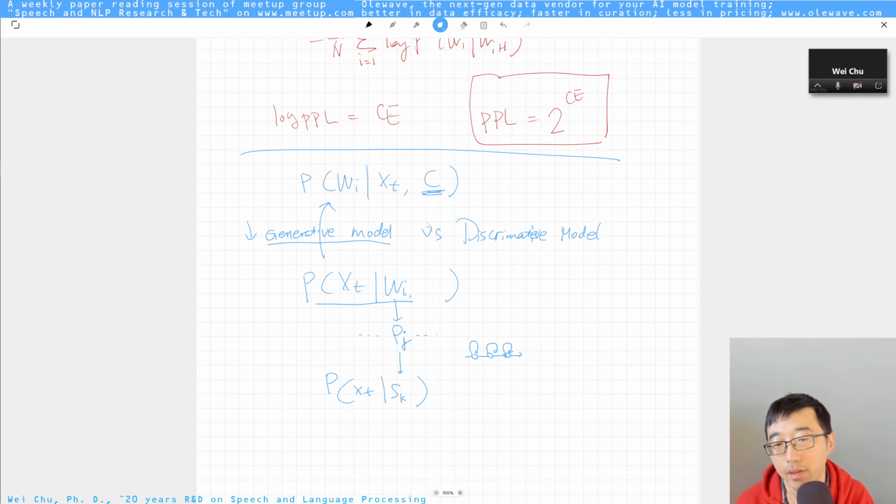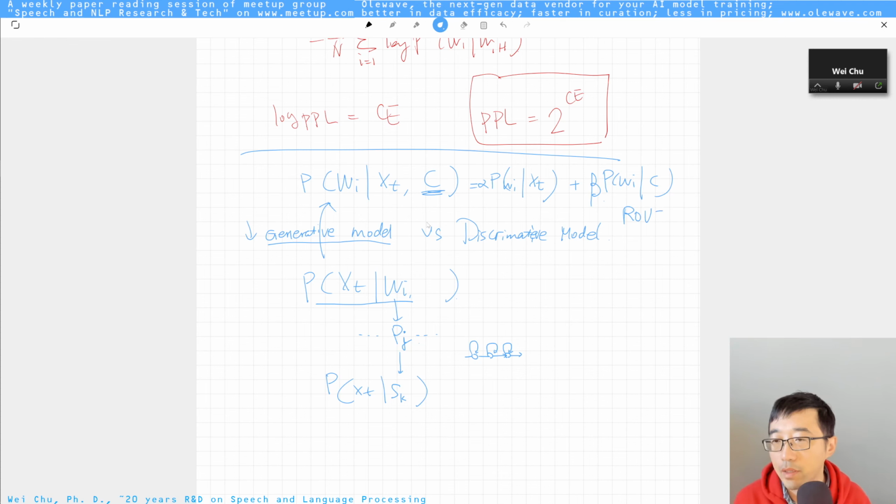The benefit of this is that you can further rewrite this equation into this. That makes sense? This is called a rover system.